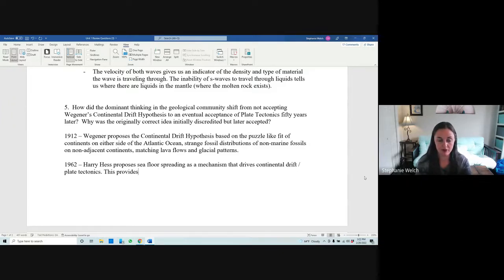This provides a rationale for why the continents were able to move, which was not included in Wegener's original hypothesis.